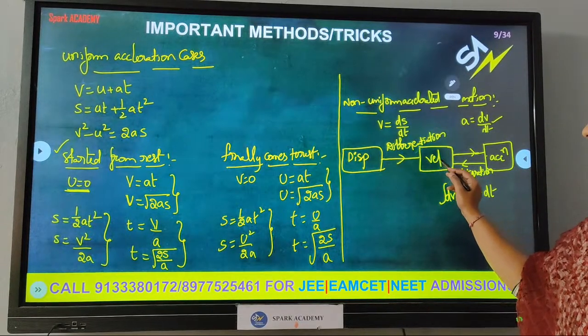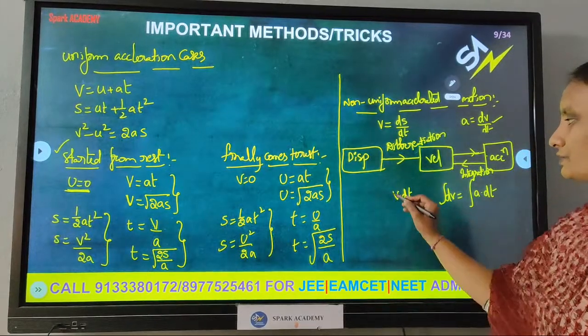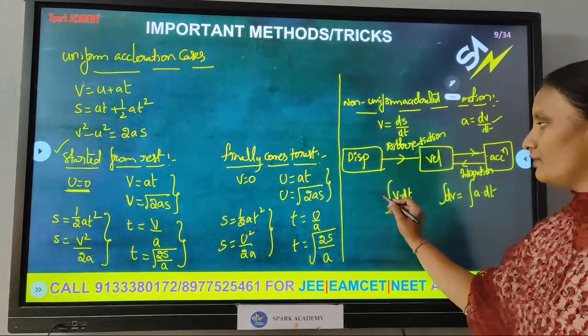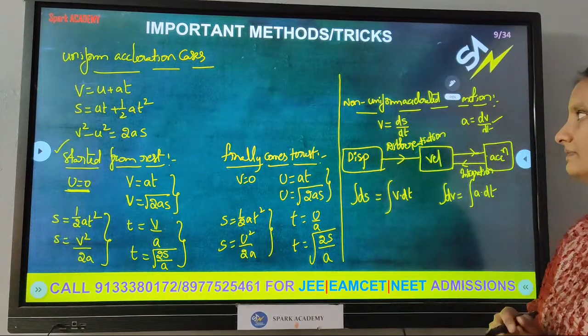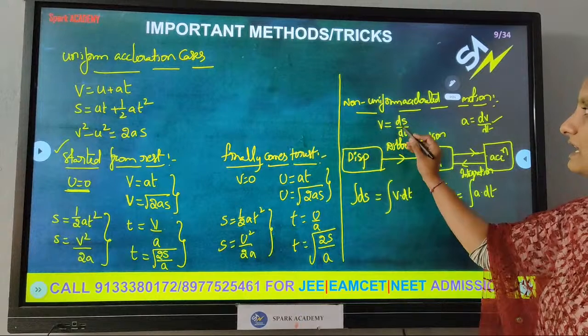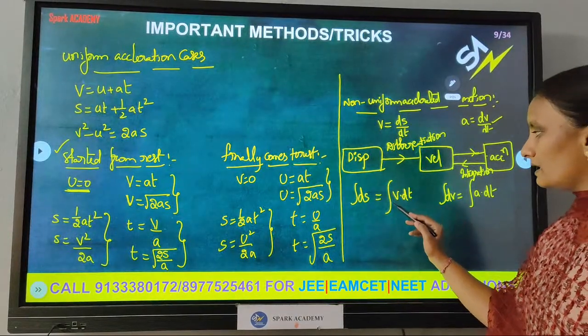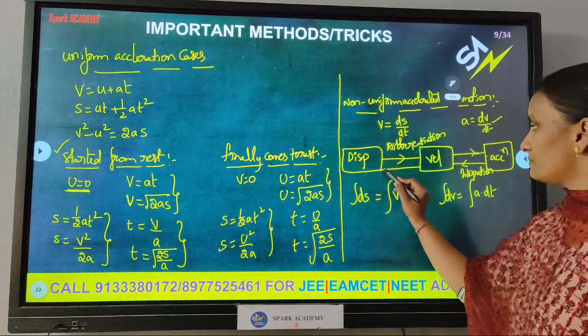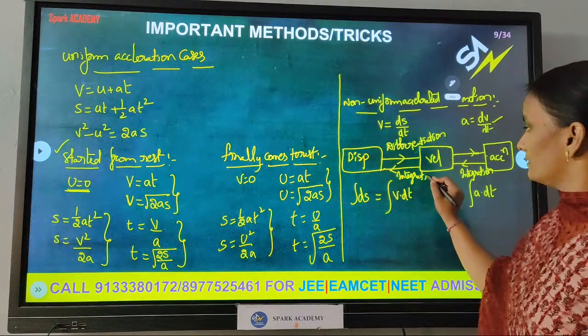And here also, velocity is given as a function of time. It varies with the time. By following the integration, we can find the displacement, because v equal to ds by dt can be written like this. So by integrating this, we can get the displacement. So here integration.